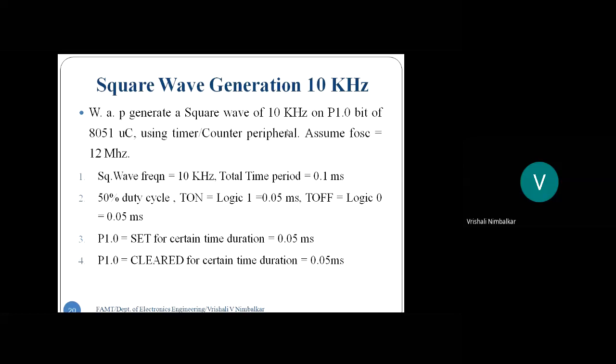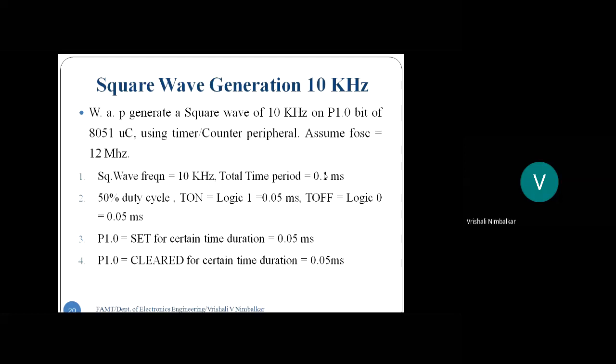So remember students, 10 kilohertz frequency means the total time is 0.1 millisecond, but my timers should generate a delay of 0.05 milliseconds. This is where everyone makes a mistake. Whatever that frequency is, they find out the time period and they use the timer to generate a delay of 0.1 millisecond.